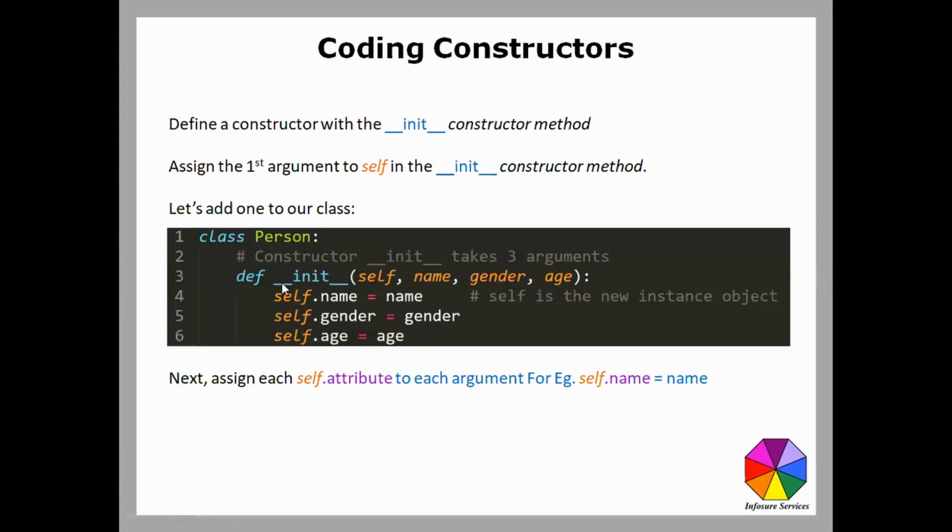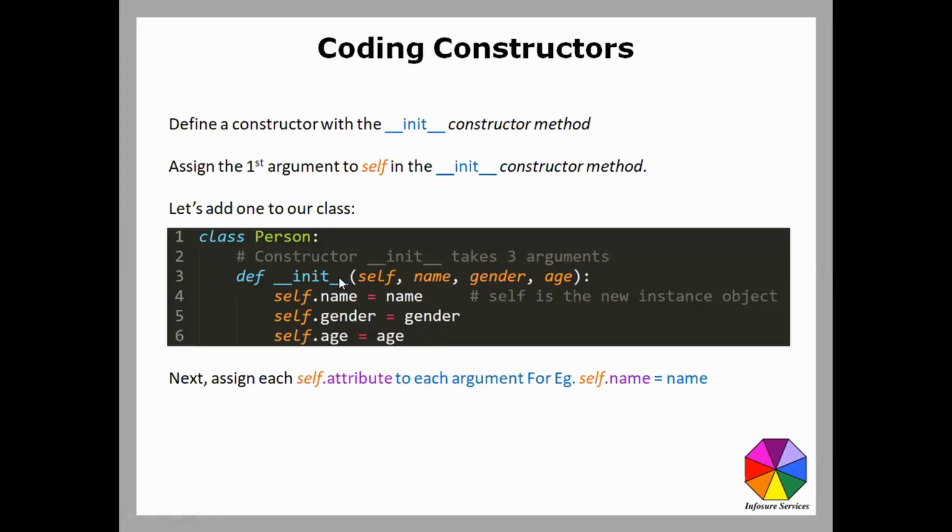In Python, the constructor is written as def init, with two double underscores before the word init and two double underscores after it. In Python, the moment you see this syntax, you call it a constructor.